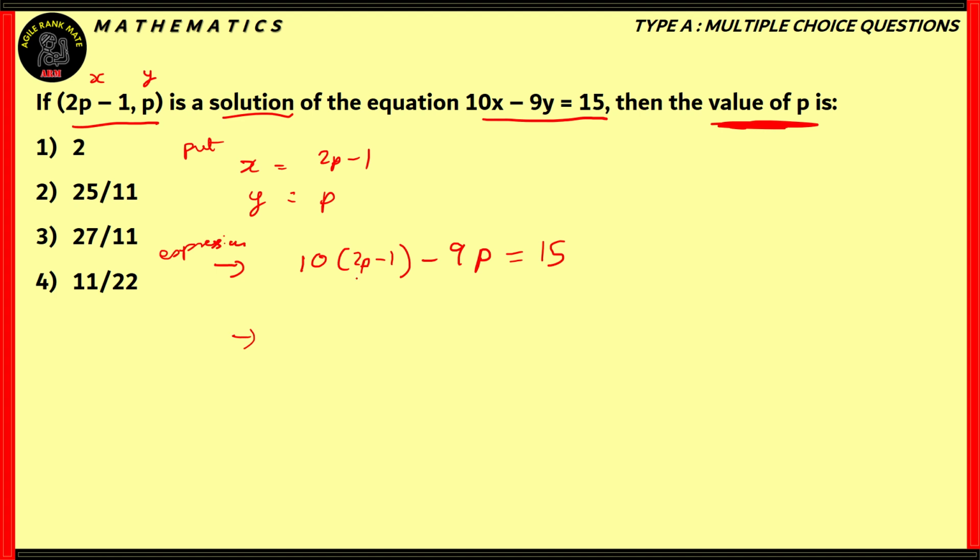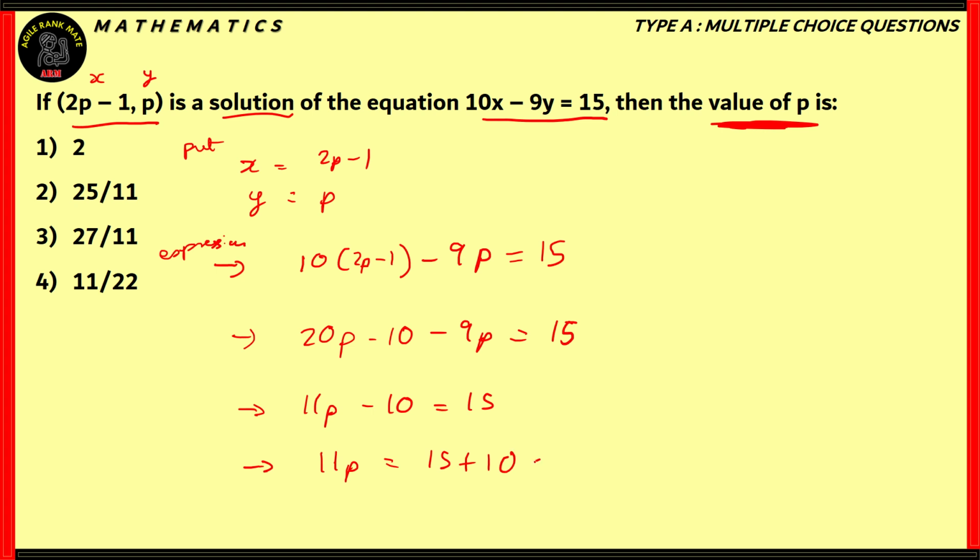So we can just simplify the brackets by opening them, so you get 20p minus 10 minus 9p equals 15. 20 minus 9 gives you 11, so 11p minus 10 equals 15. So minus 10, we can take that to the right-hand side, that becomes plus 10. So 11p equals 15 plus 10, which of course is equal to 25.